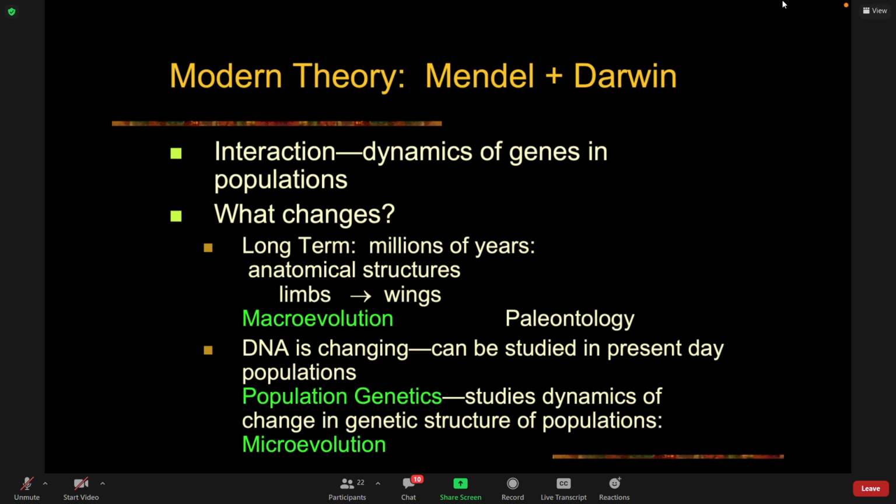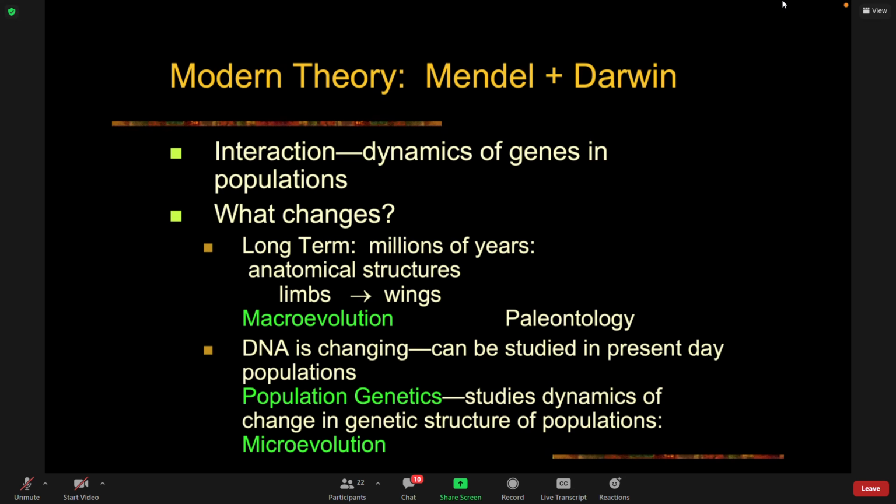So with microevolution, as I said, we can see evolutionary changes in the here and now, within our lifetime, within those organisms that have short turnover times. I gave the example of the soapberry bug, but there we were concentrating on just the anatomical feature of the length of the beak.